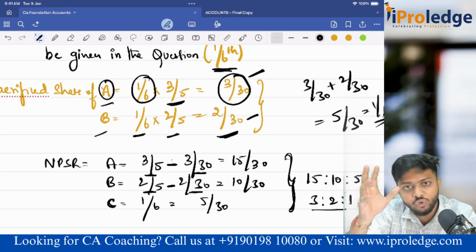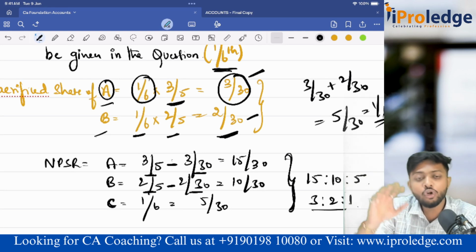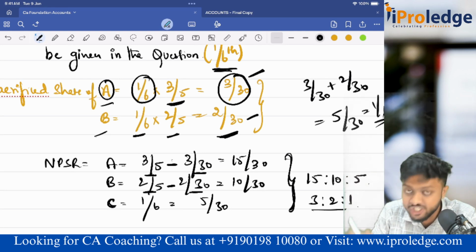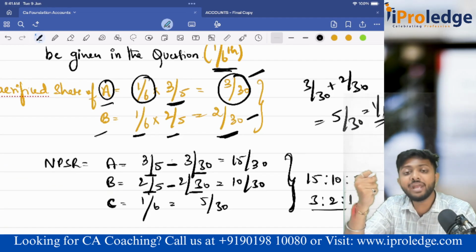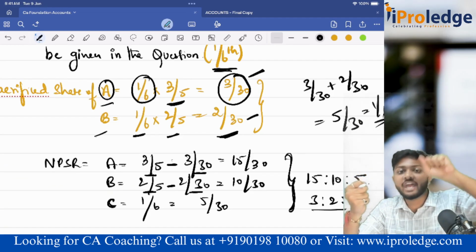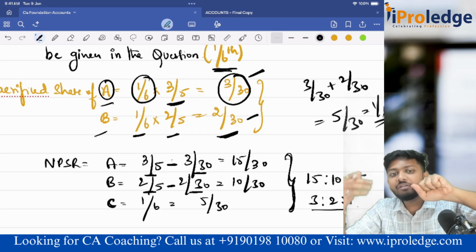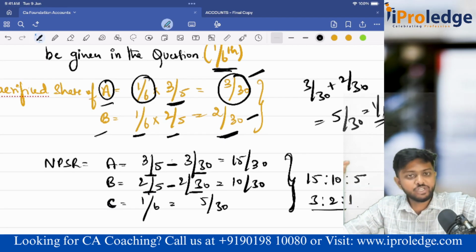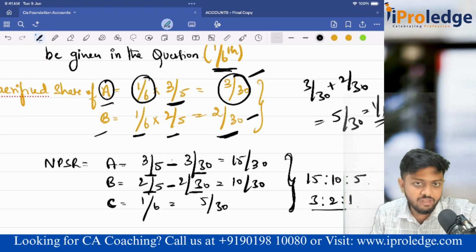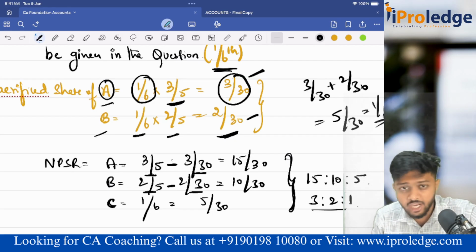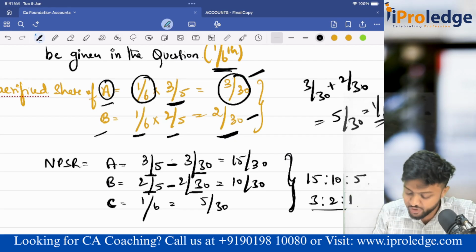So 1/6 into 3/5, 1/6 into 2/5, that is the share sacrificed, which is 3/30 and 2/30. That sacrificed share I will minus from the old share of the old partners, and then we get the new share. We got the new share of A, the new share of B, and C's new share we already know, which is 1/6. So we got the new profit sharing ratio. Understood? I hope you have understood it well.